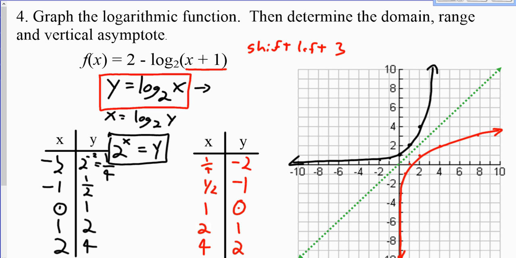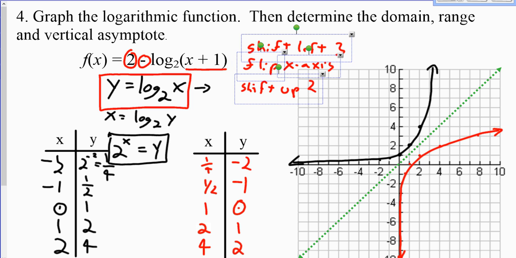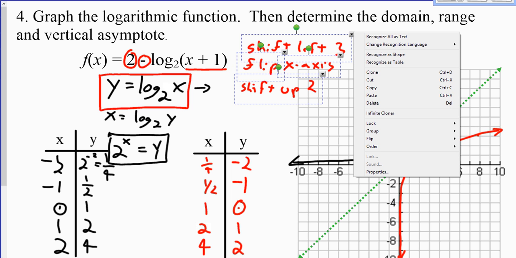The negative in front is going to flip it across the x-axis. And this 2 on the outside is going to shift up 2.